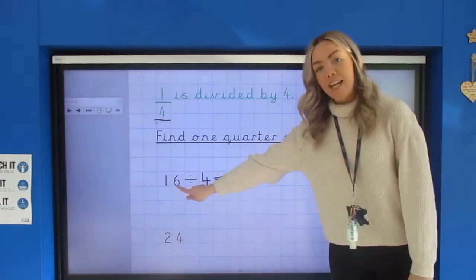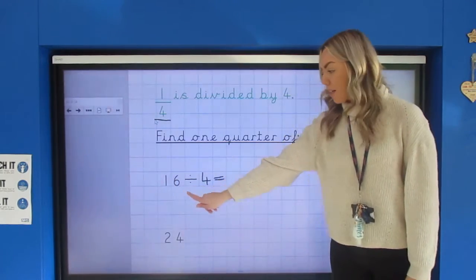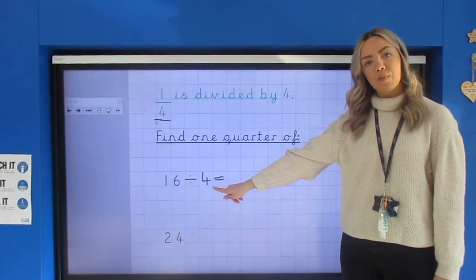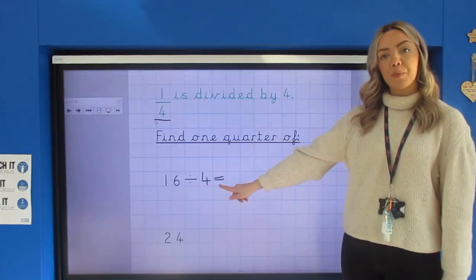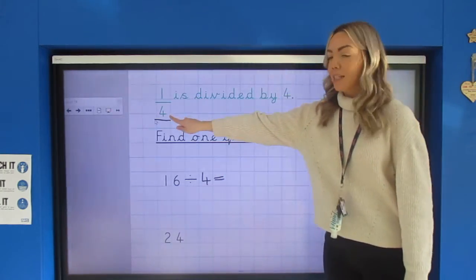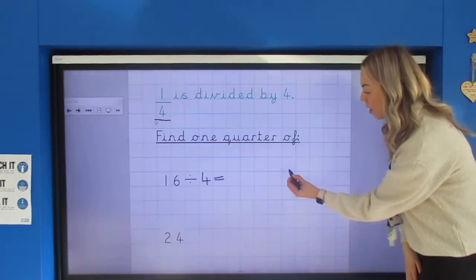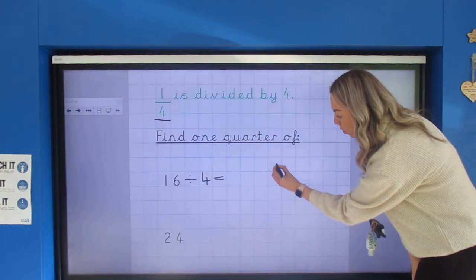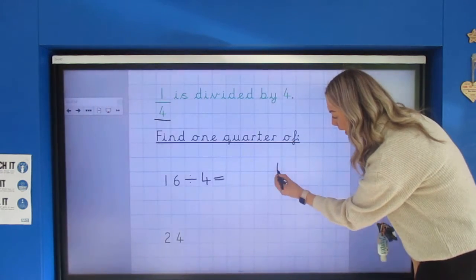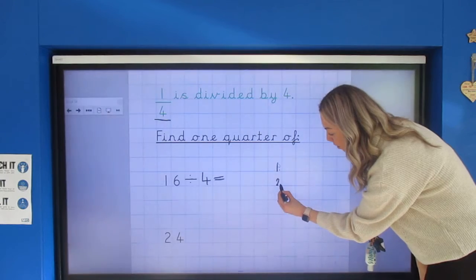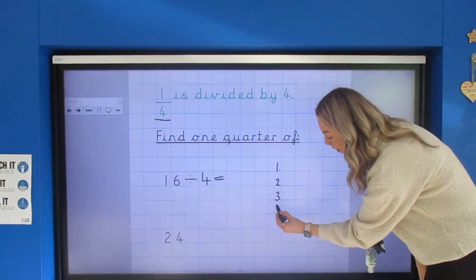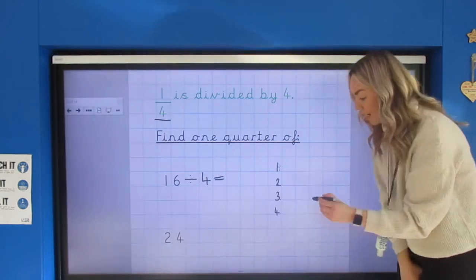So I need to share 16 objects, and I need how many groups? 4. Excellent. And I need 4 equal groups, don't I? They all must be the same, so let's do it together. So I'm going to have one line here, okay? And then we'll have a group here, a group here, and a group here, because I know I need 4.